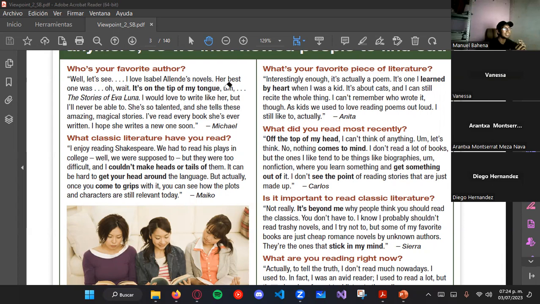Pero una vez que lo entiendes, you can see how the plots and characters are still relevant today. What does that mean? Puedes ver cómo la trama y los personajes siguen siendo relevantes hasta el día de hoy, exactly.